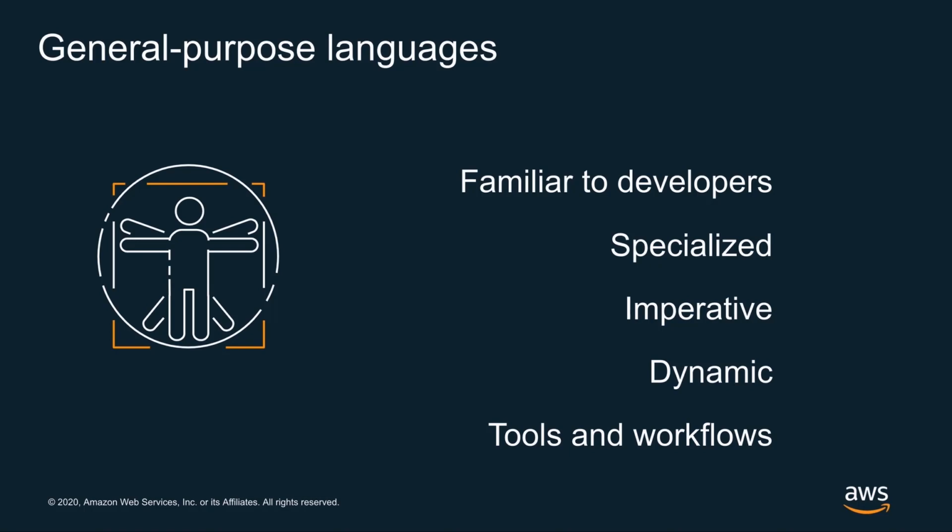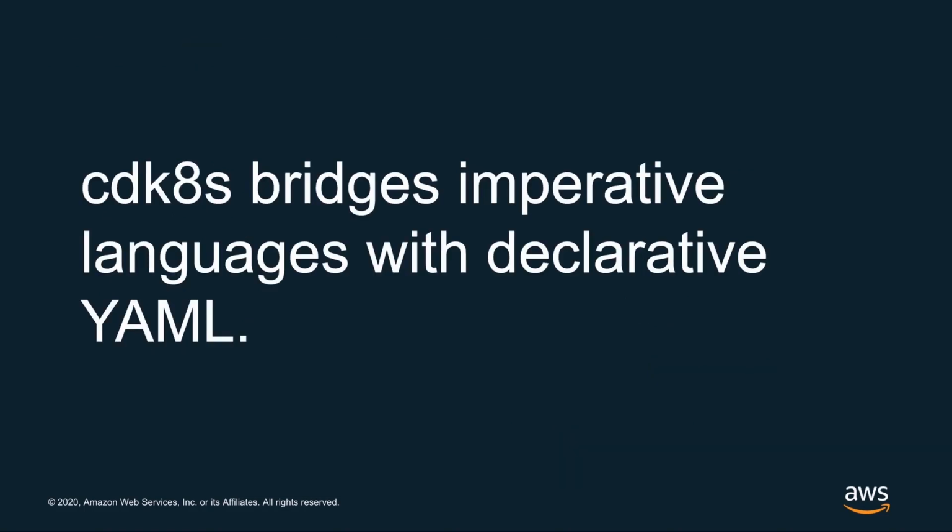And these languages are also imperative, which means that traditionally they're not great for defining the state of a system, but they are really good for defining business logic and complex dynamic applications that we need to write. There's a lot of great tooling and things that you can do with general purpose languages that you can't necessarily do in declarative YAML. And that's where CDK8s comes in.